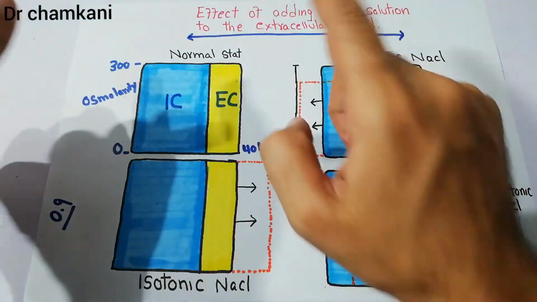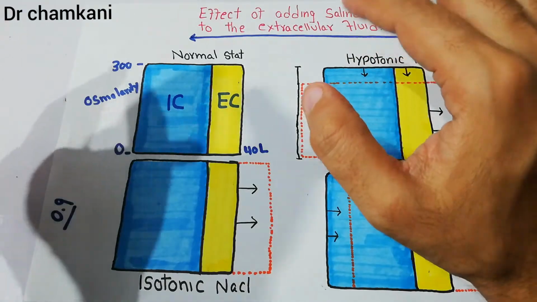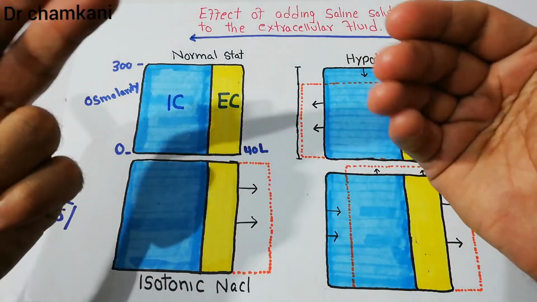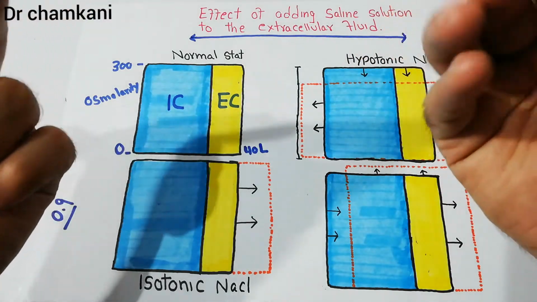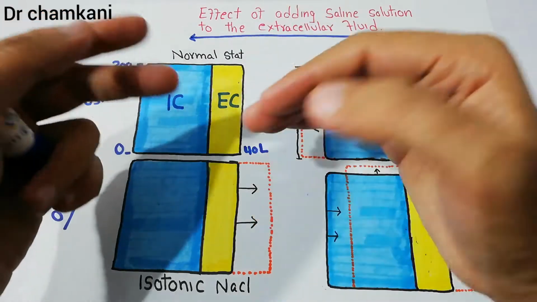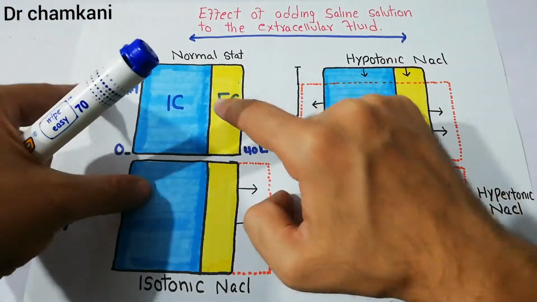If we add saline to the extracellular fluid, and normally we add fluids to the extracellular fluid, we cannot directly put fluids into the cell. If we drink water, the water goes into our stomach, and from the stomach it goes into the intestine. From the intestine it is absorbed into the plasma, and the plasma is an extracellular fluid.